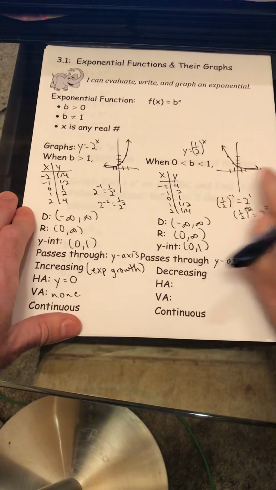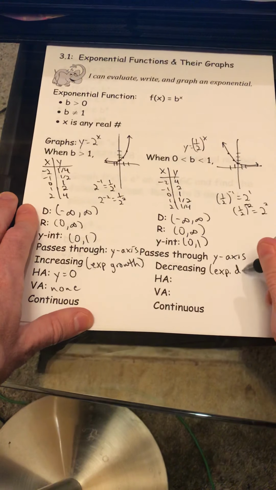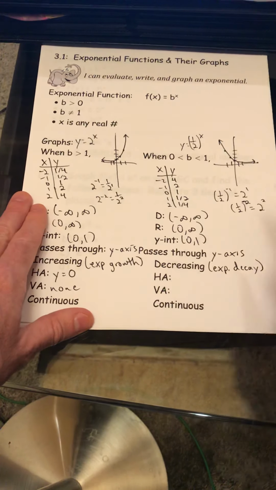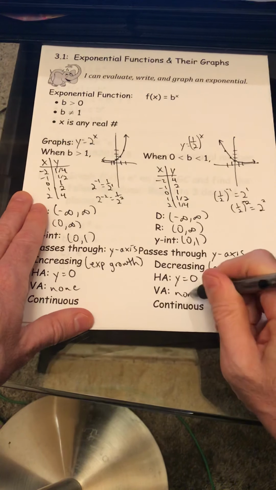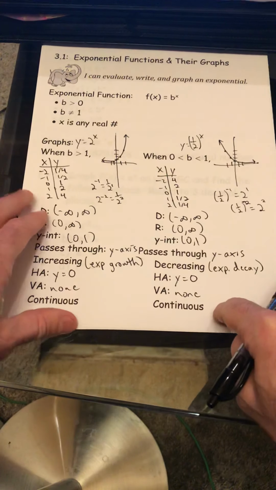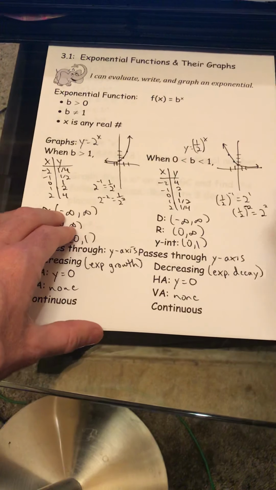It is from left to right a decreasing graph, which is also known as exponential decay. Horizontal asymptote is still y = 0. There is no vertical asymptote. And again, it is a continuous graph.